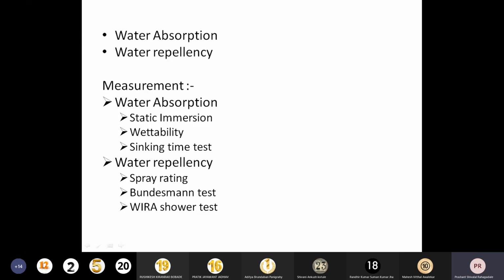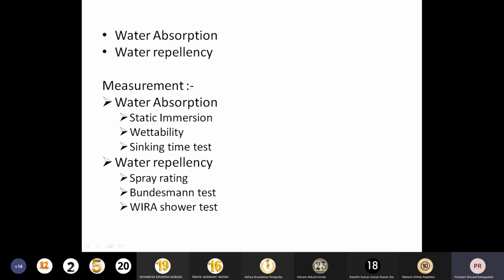Now you can see here there are normally two facets on which we have to discuss water absorption. That is static immersion, then wettability of textile fabrics, and sinking time. I think you may have done some practical, and in the practical also you may have gone through any of these words.